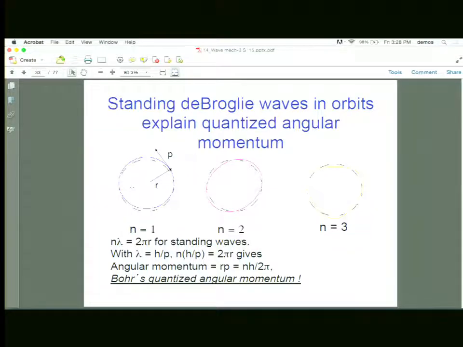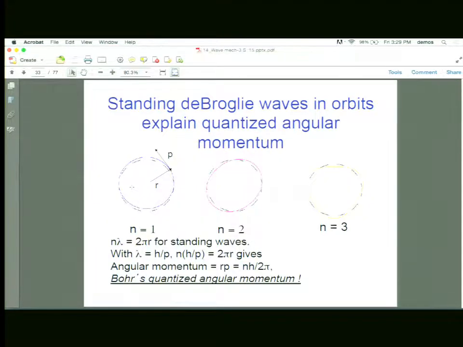And of course, the idea that a material particle has a wave associated with it was confirmed by doing wave-like experiments on it, like interference, scattering it off of materials, like we did in the class here. We shot electrons through graphite, and we got interference patterns.